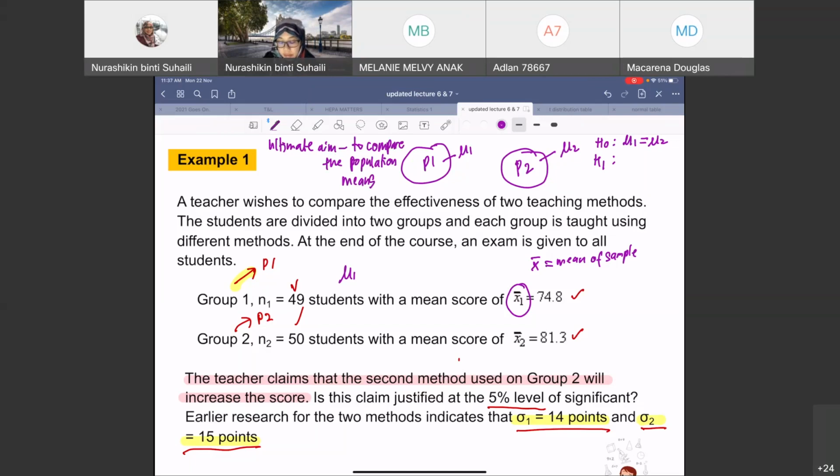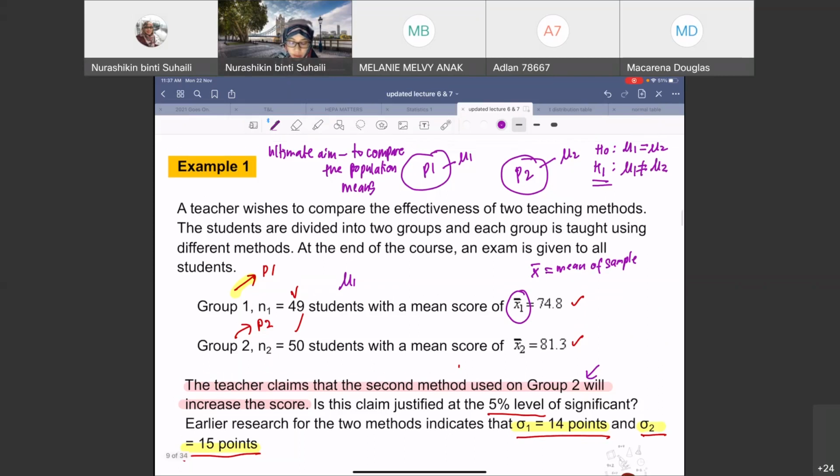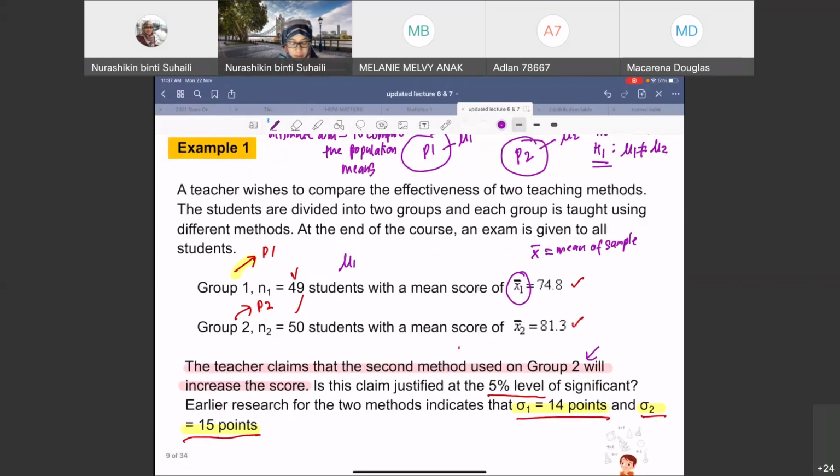So the first one is the null hypothesis. Then the alternative hypothesis. Let's say this statement is not given, your default alternative hypothesis would be mu1 is not equal to mu2, because it's always opposite to the null. But in this problem, this statement is given, because the teacher claims that the second method used on group 2 will increase the score.